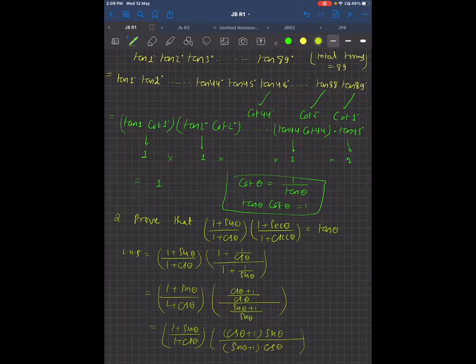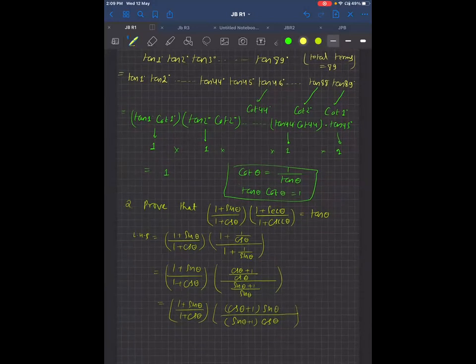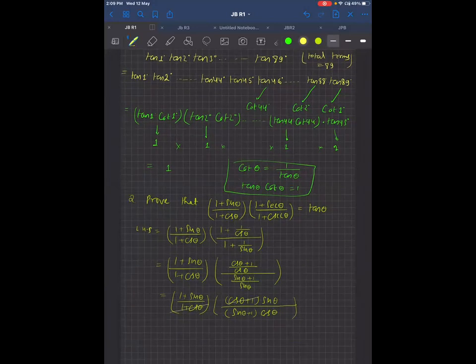Now something will cancel out: 1 plus cos theta and cos theta plus 1 cancel, sin theta plus 1 and 1 plus sin theta cancel. So we are just getting sin theta by cos theta, and sin theta by cos theta is tan theta.